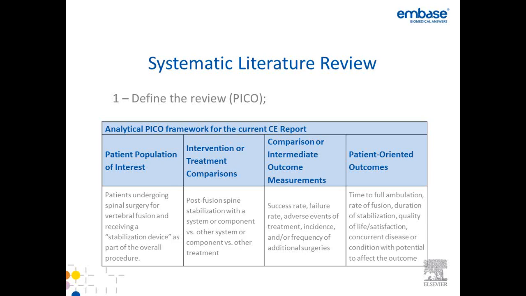I don't think it would behoove us to read all of this text, but as indicated, I was interested in patients undergoing surgery, post-fusion spine stabilization. I was interested in the success or failure rate or adverse events, and then the timed ambulation, the rate of fusion, etc.